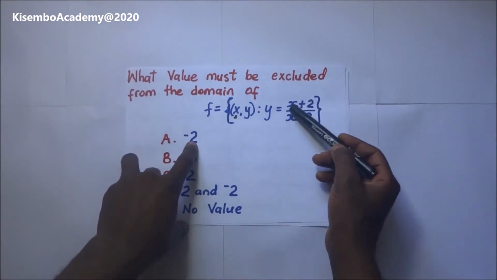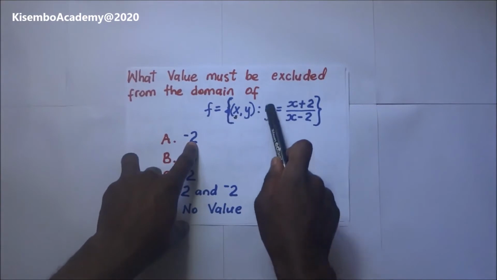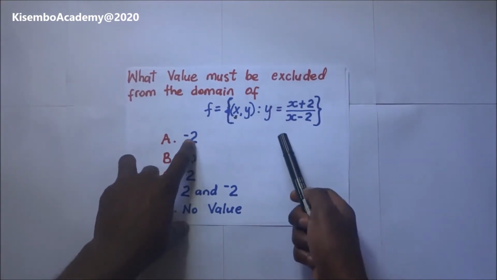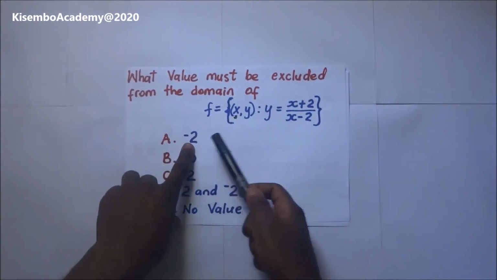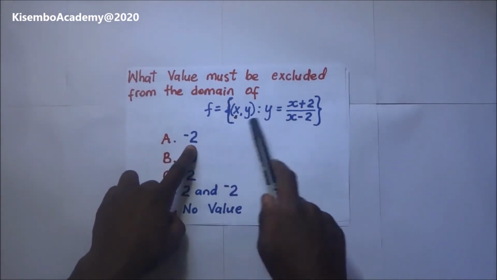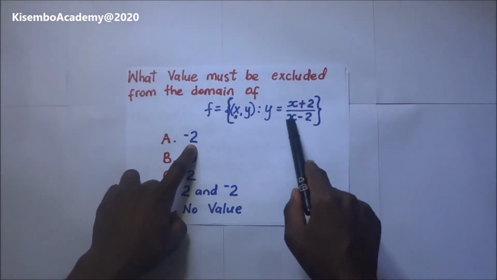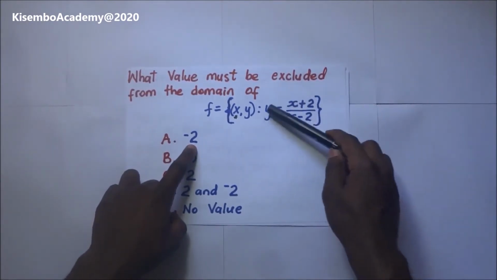So whatever we get here, if we divide by negative 4, we shall get a value of y that is a real number. So we can't get rid of negative 2. In other words, if x was negative 2, y would be negative 2 plus 2, giving us 0, divided by negative 4, so y would be 0.